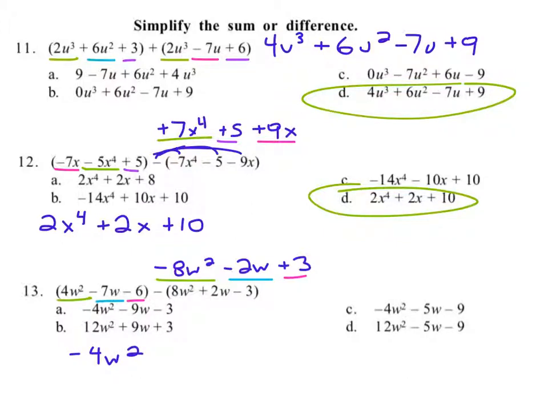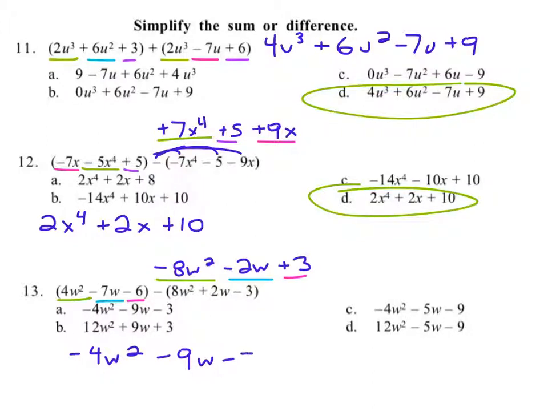They stay what they are. Now the w terms underlined in light blue, negative 7w minus 2w is negative 9w. And then finally the constant terms underlined in pink, negative 6 plus 3 is negative 3.